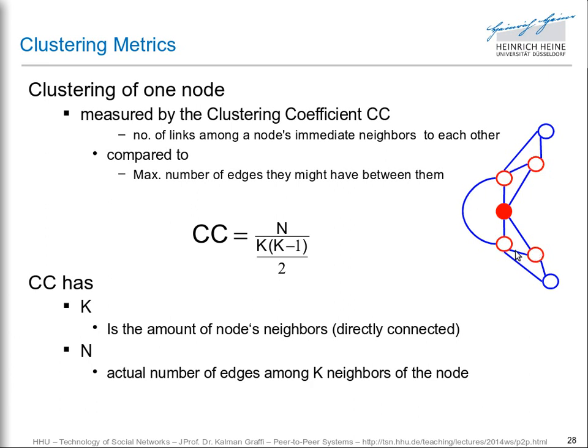Okay, these are the edges between these 4 neighbors of our node. And we divide this by the maximum number of edges among these neighbors. So the maximum number of edges between k nodes is k multiplied by k minus 1, divided by 2.